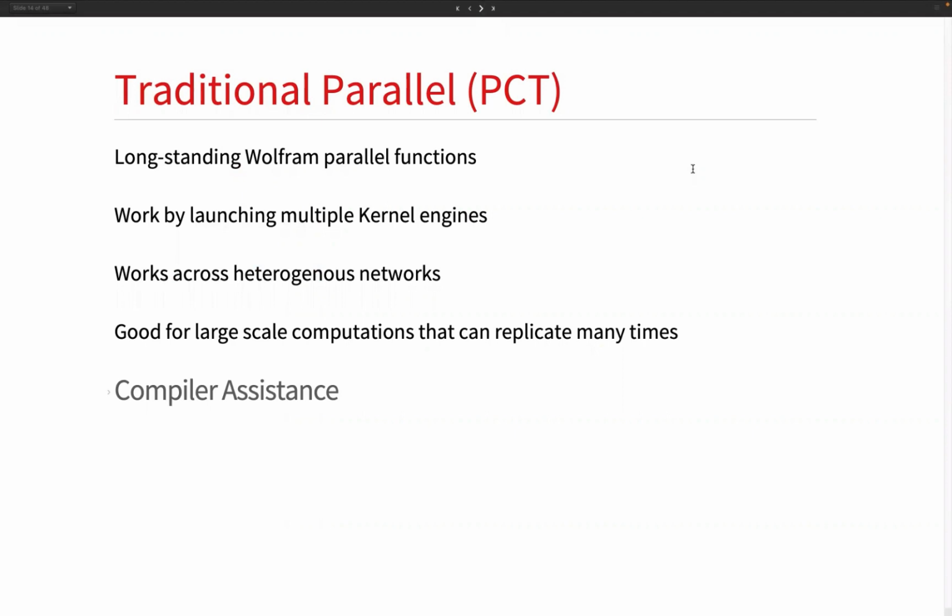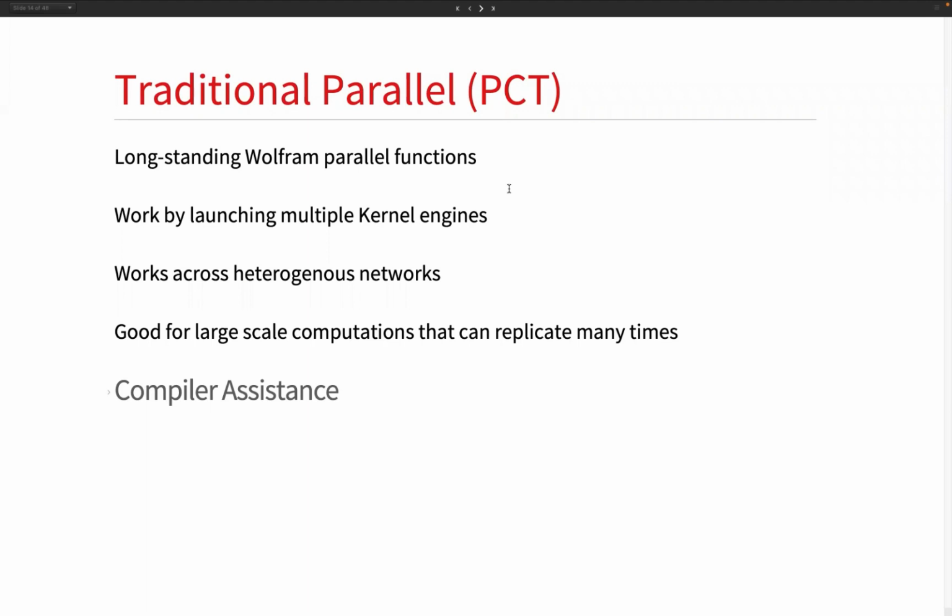So the traditional parallel computing that we've had for a long time, I think of it as parallel computing toolkit, but it's parallel functionality. This is long-standing parallel functionality that works by launching multiple kernel engines, and it's pretty nice.